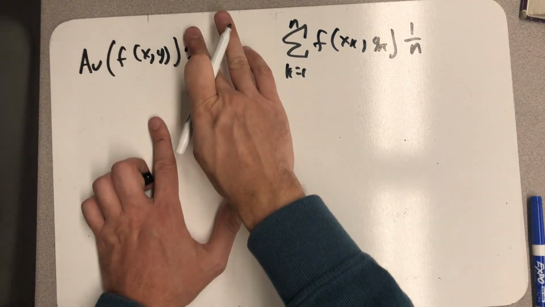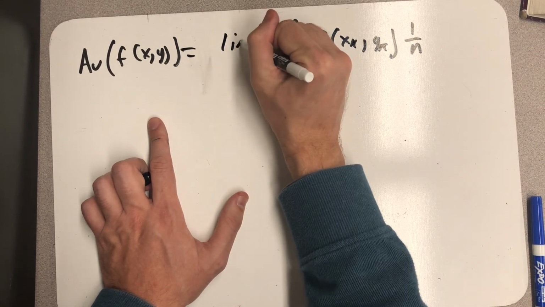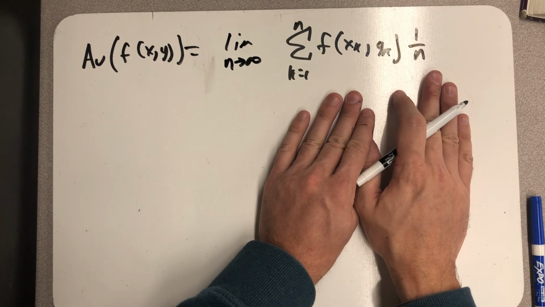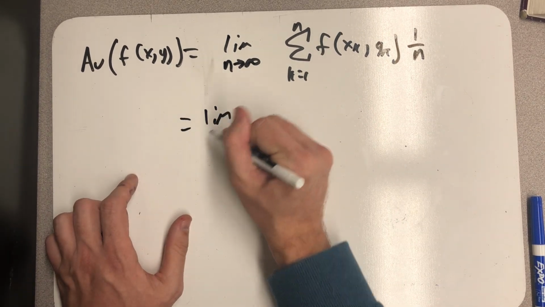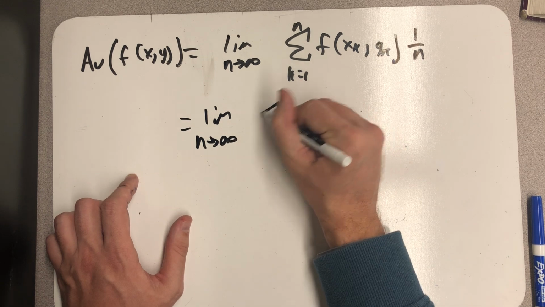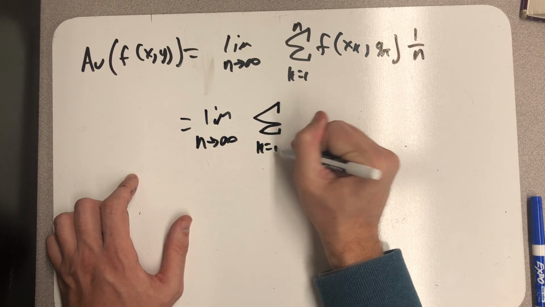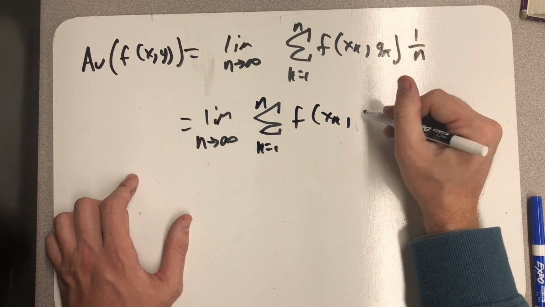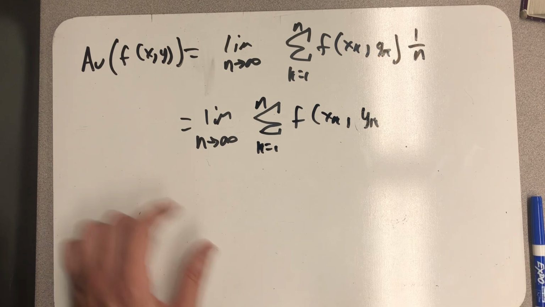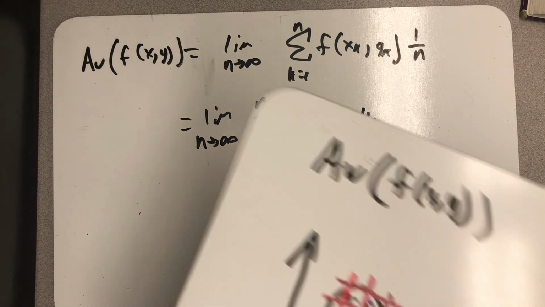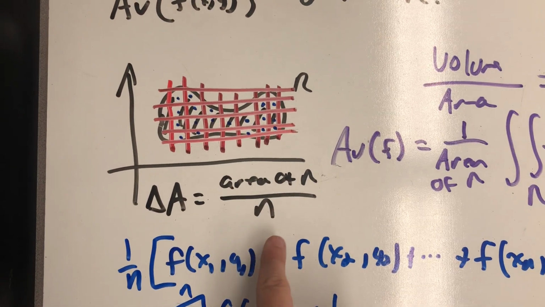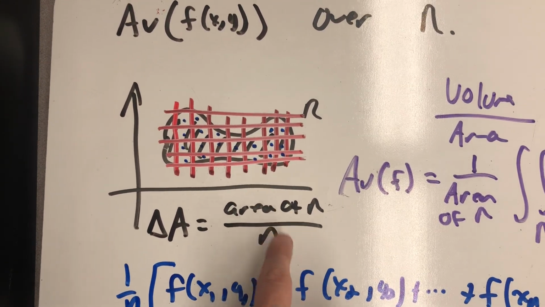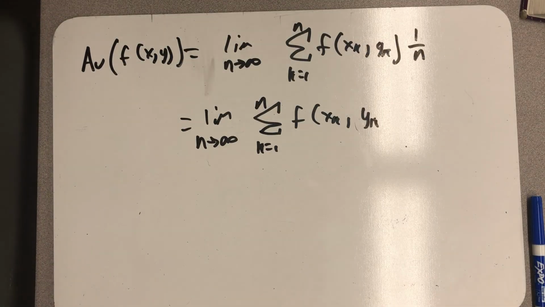Okay, well, I can make that an equality by taking a limit as n approaches infinity, and then I have the realization this isn't quite a Riemann sum, but it's real close. And I'm going to do the same kind of trick. I have delta A is equal to the area of R over N. So if I divide everything by the area of R, I have 1 over N equals delta A over the area of the whole region.